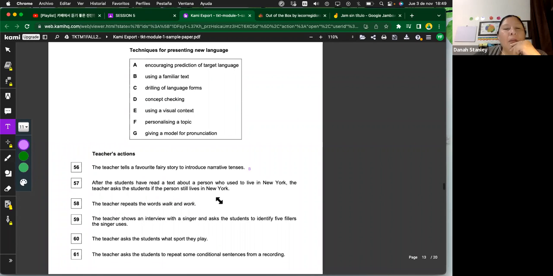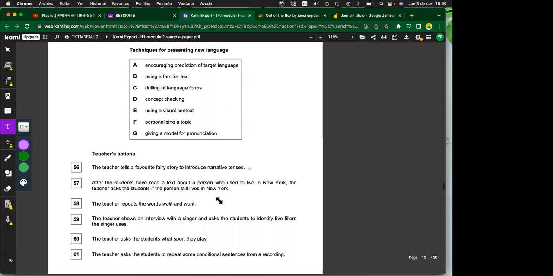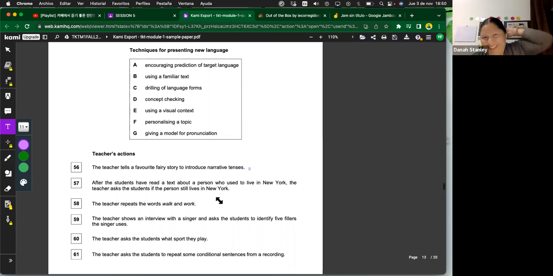But they are reading. Is it A? I don't know. Don't worry. It's an encouraging prediction of target language is what you do in order to check the understanding.